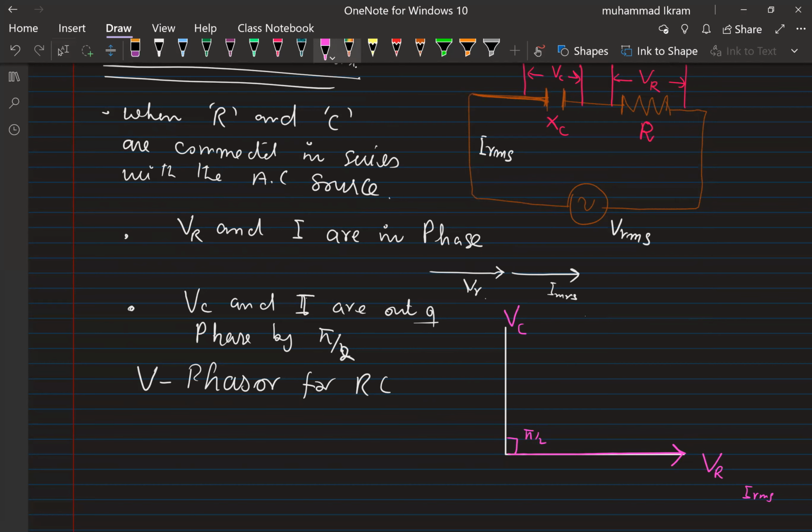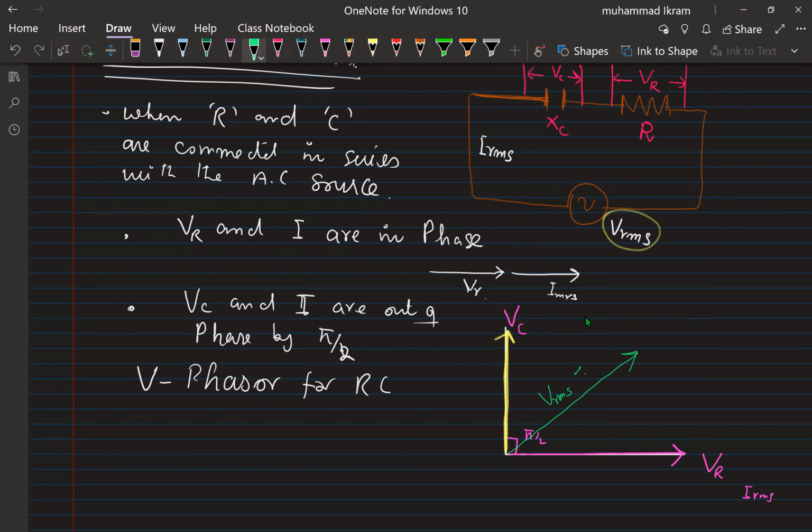This is the VC here, as you see. Clear? Now, since we cannot have the sum greater than the VRMS, this will be the VRMS.